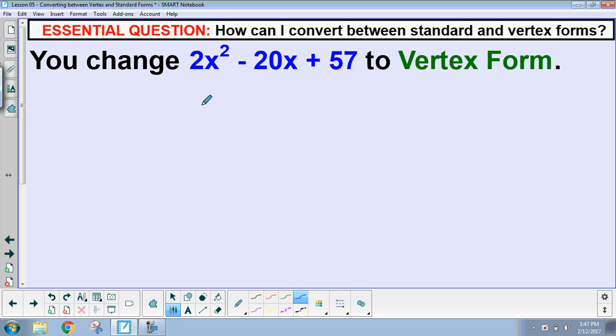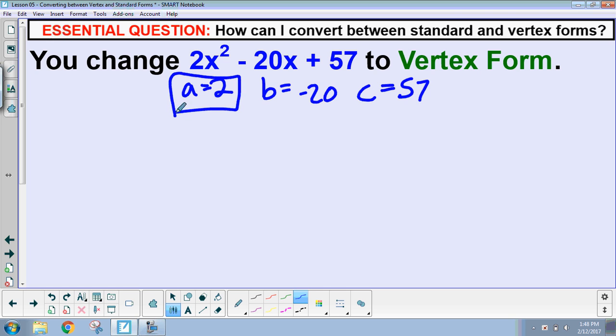Alright, let's start. Again, A is going to be 2, B is going to be negative 20, and C is 57. So we got A. Here's your formula. Negative 20 over 2 times 2.